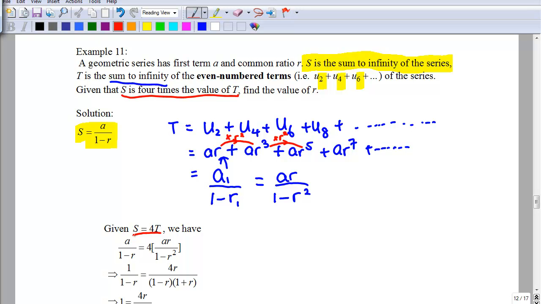When we substitute the expressions for s and t respectively, we will have this equation.